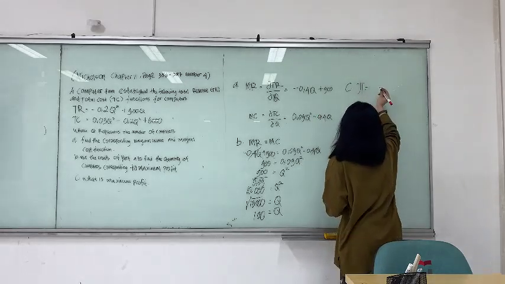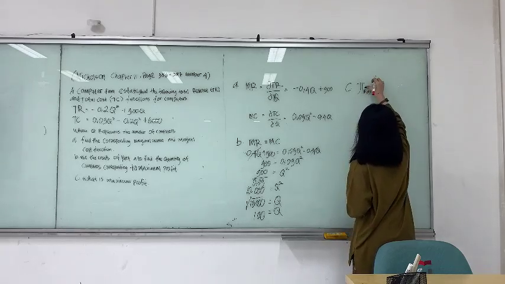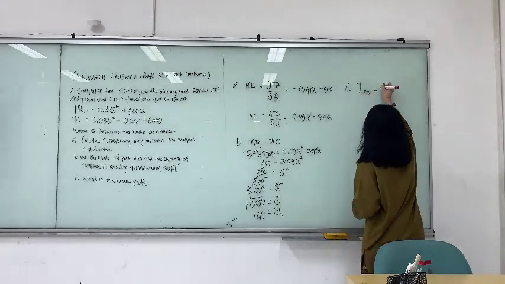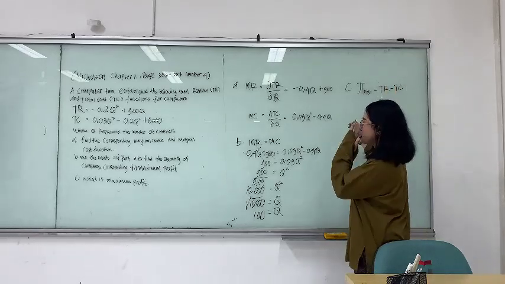The formula is P max, TR minus this. So this is the formula.